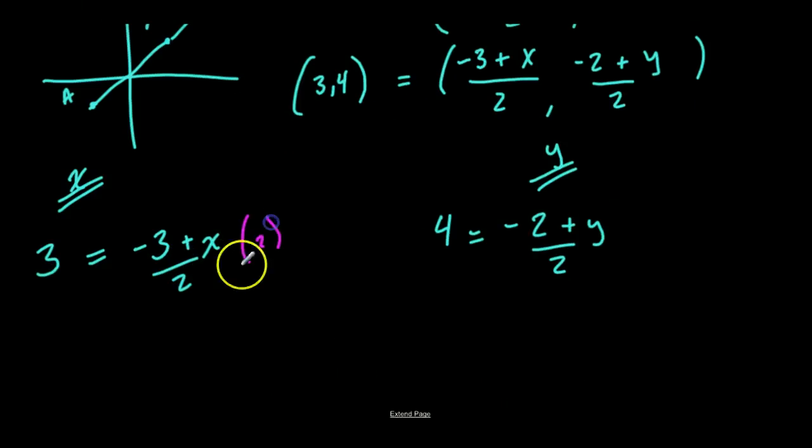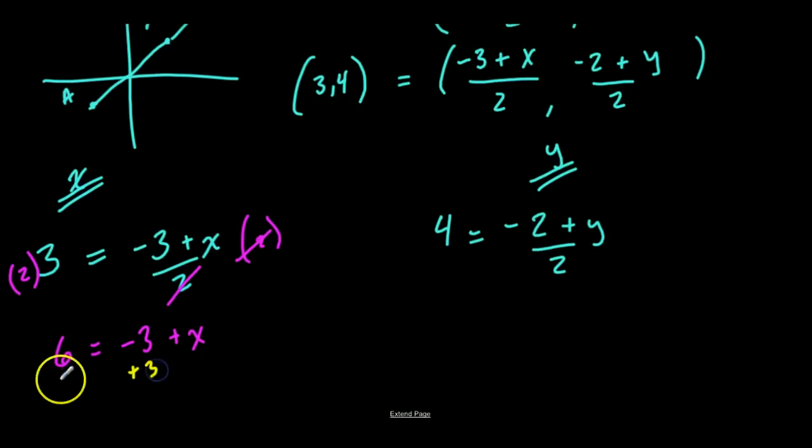Now we're going to do the calculations here. I'm going to multiply each side by 2 to cancel out the 2 in the denominator, and we're left with 6 equals negative 3 plus x. I'm going to add 3 to both sides, cancel out that negative 3, and we're left with the fact that x equals 9.